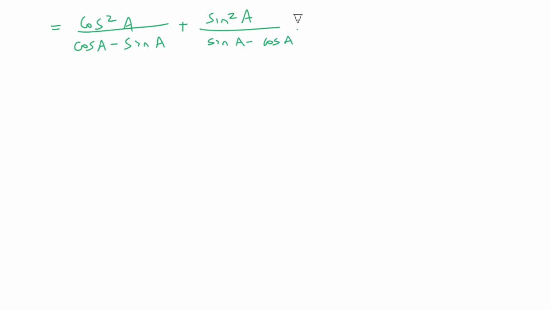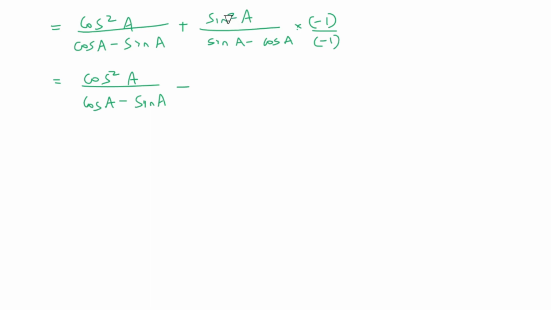So we multiply and divide by minus 1, which equals cos squared A over cos A minus sin A, and then 1 times minus 1 becomes minus.